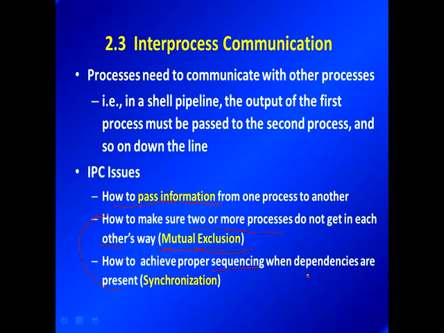Also, these two issues are basically the same thing about how to coordinate the different execution order among multiple relevant processes. So these are the very difficult part, very complicated part for this course.